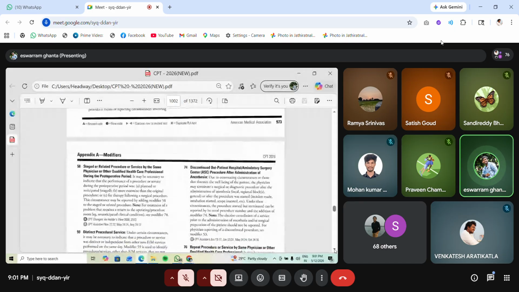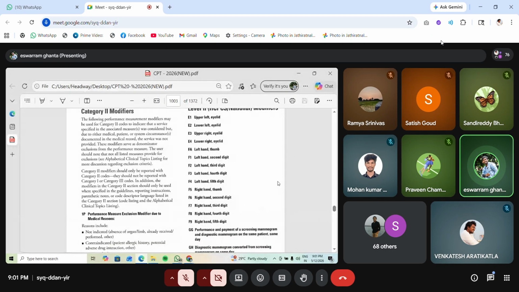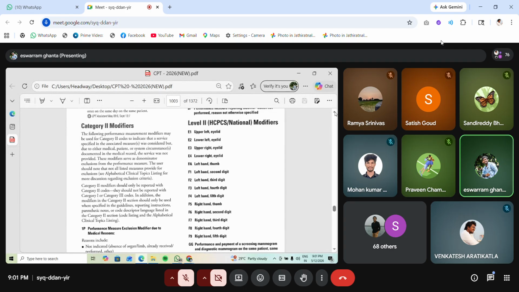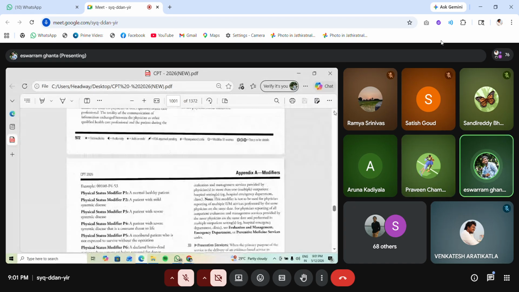So there are different modifiers here also, but what modifiers have we discussed still? What type of modifiers are those? Appendix A. I told you, appendix A modifiers.